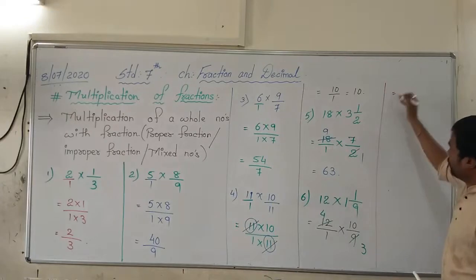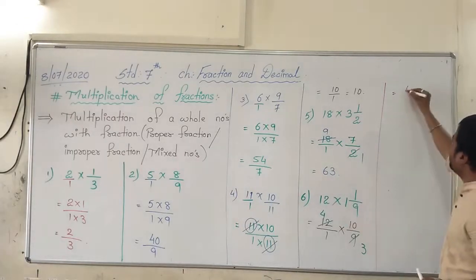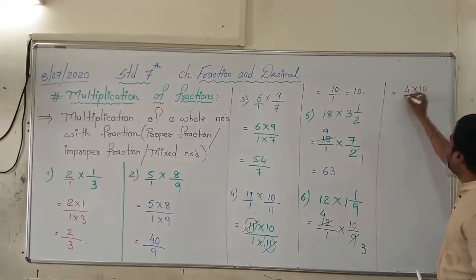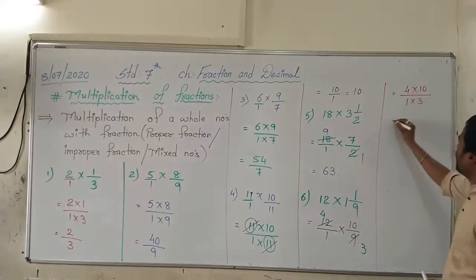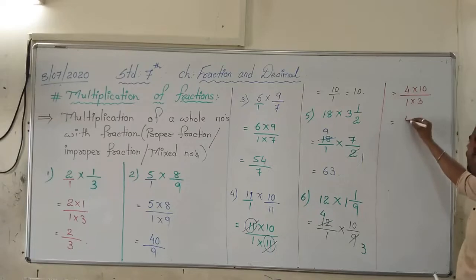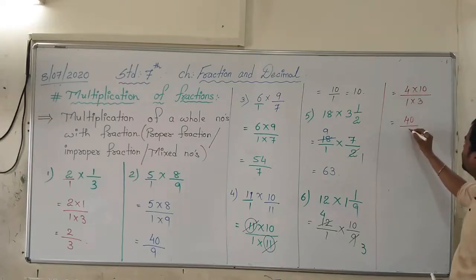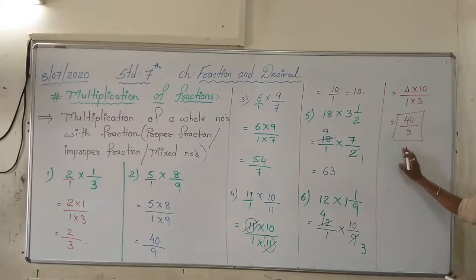So that is equal to 4 multiplied by 10 upon 1 multiplied by 3. 4 tens are 40 upon 3 ones are 3. Now here you can say that this type of fraction is an improper fraction.